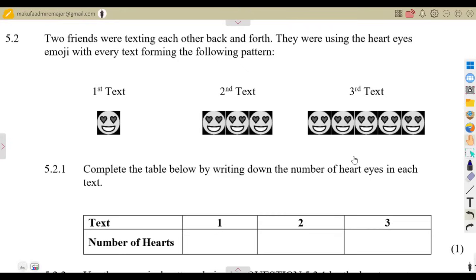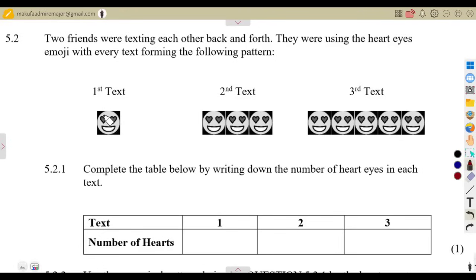Two friends were texting each other. They were just having a text back and forth. They were using the heart eyes emoji with every text forming the following pattern. Every text that is sent was following this pattern. The first text, there is a single emoji.